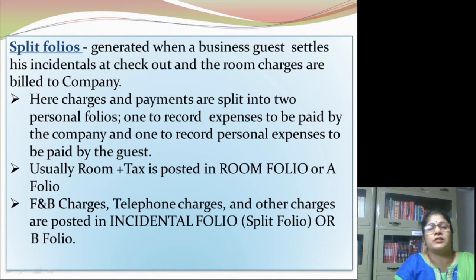So in most cases, the room charges are being billed to the company, but whereas when the guest is incurring charges like the F&B charges, telephone charges, etc., they go into the incidental folio, or also called as B folio, which the guest settles at the time of checkout. And the room rent which is there, which goes off to the company, which is recovered at the later stage.